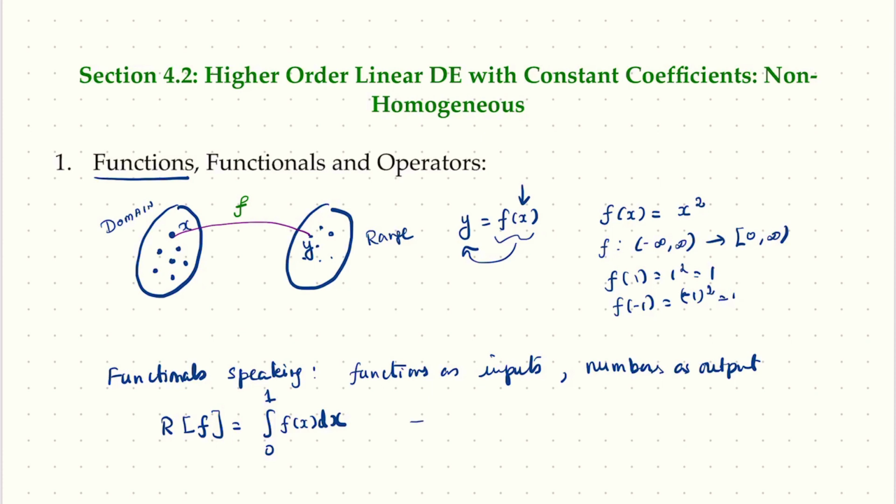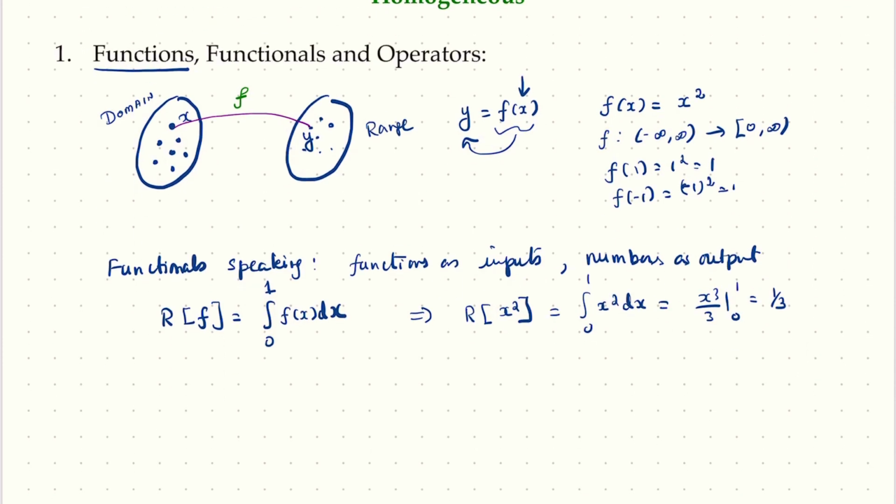For example, if I feed in the function x squared, I get the integral from 0 to 1 of x squared dx, which is x cubed over 3, with lower limit 0 and upper limit 1. That gives me 1/3. So when I plug in x squared, it gives me 1/3 as my output. That's called a functional.